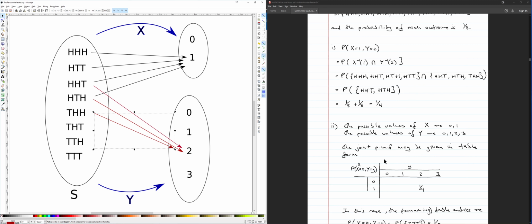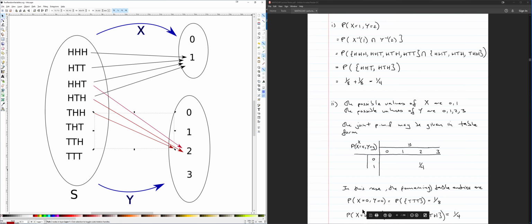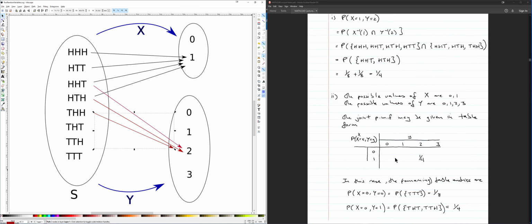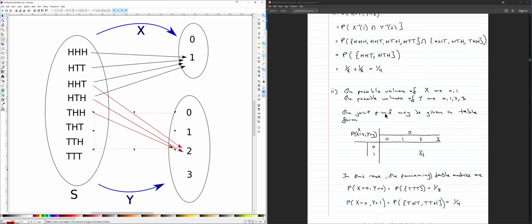To get your joint PMF means that you want the probability for each possible pair of values for the x and the y. For example, I worked out one already. This is x is equal to 1, y is equal to 2. And I need 7 more, and the 7 more I actually worked out here in the notes: 1, 2, 3, 4, 5, 6, 7. So the 7 other cases are over here. I won't do all 7 cases, but let me do a couple of these.